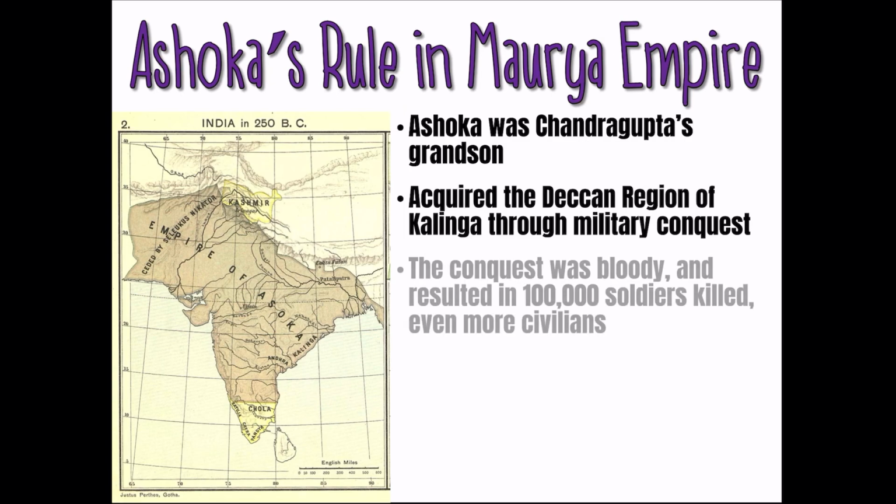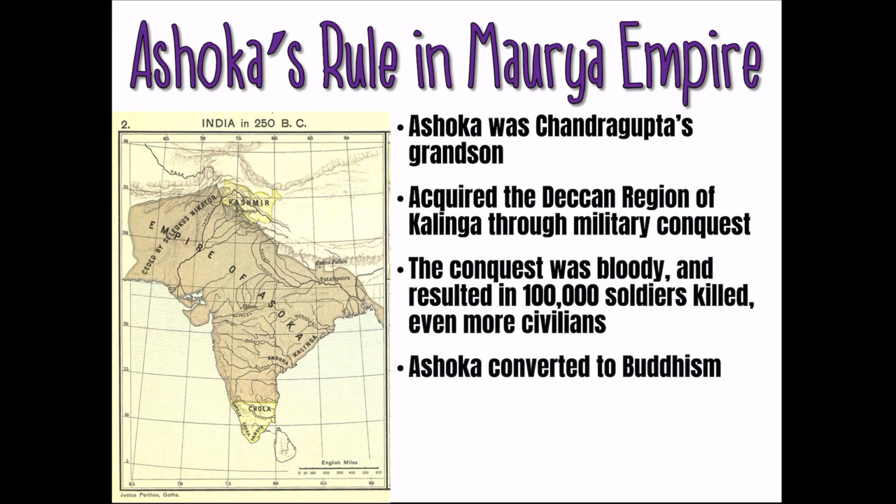He acquired some more territory. In order to do that, he fought a very bloody, long war, and eventually Ashoka was really touched by this. He was able to defeat this area called Kalinga, but after seeing so many people killed and so many people suffering, he decided that this new reality and understanding of life was not how he wanted to go forward. He did not want to cause any more suffering than he'd already done.